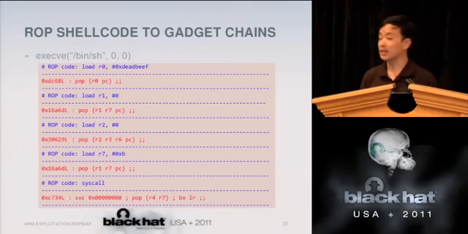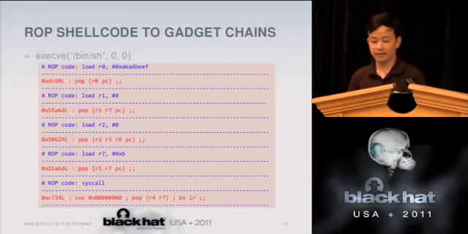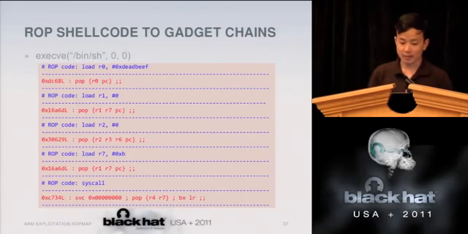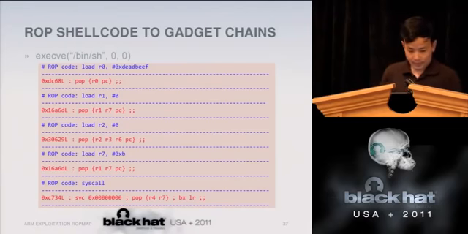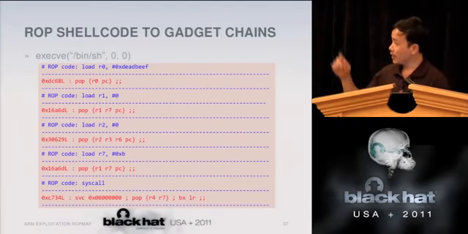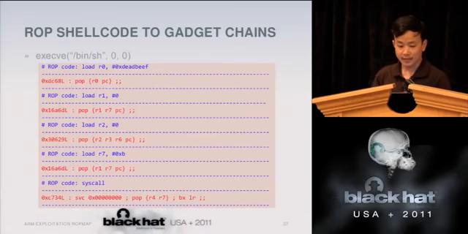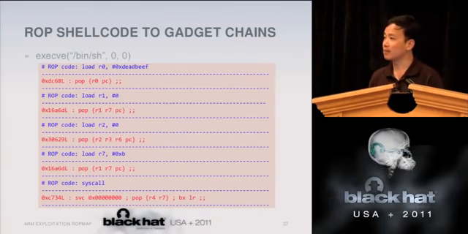So it's very simple, just some pop instructions, and then finally the system call instruction. You can see in the chain that some instructions may be duplicated in terms of loading the register, right? But we don't care now.